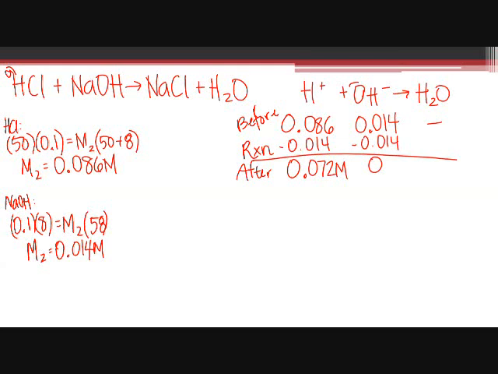Okay, so then now to find the pH at this point, we just take the negative log of the H plus concentration. And I got 1.14 for that pH.